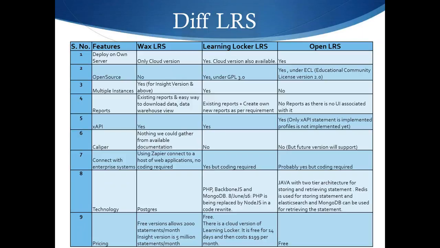If you look at this table, it is fairly self-explanatory. If we talk about deployment, VAX is cloud, while with Learning Locker we can have our own deployment as well as a cloud version. In the case of Open LRS, we can deploy it on our server.